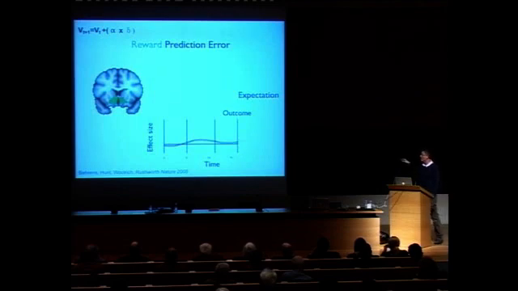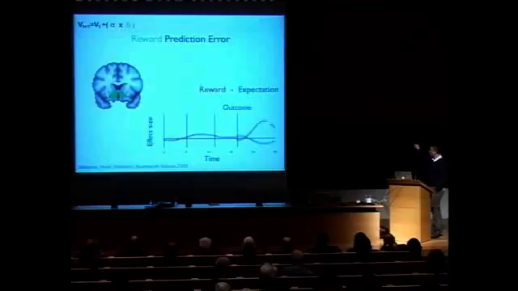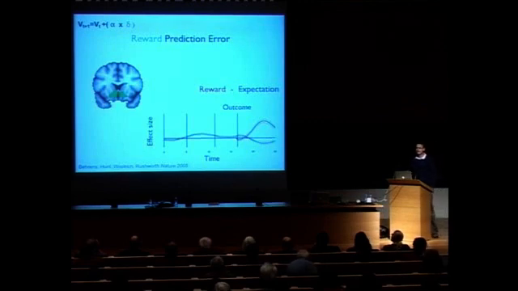What happens is when you make a decision, you get an expectation about how much you will receive from this trial, and then when you get an outcome, you get a positive effect of the reward that you see, and you get a negative effect of the expectation. So you have the reward minus the expectation. That's exactly that prediction error signal that you previously saw in those mathematical slides. And this is a very common finding throughout reinforcement learning research.